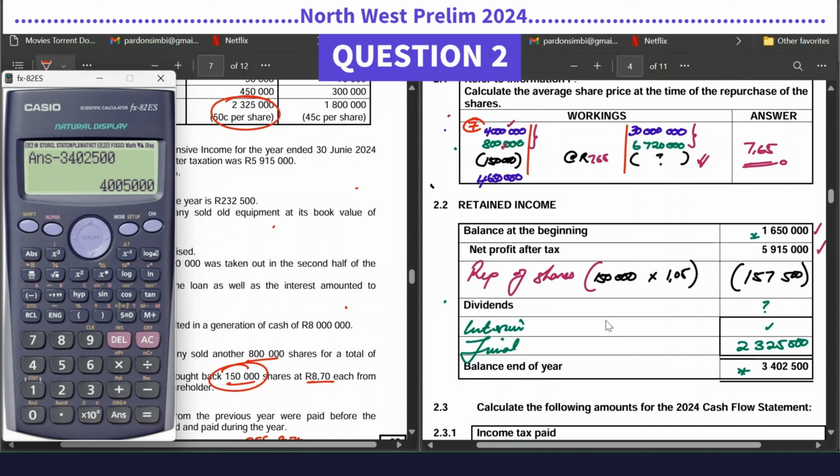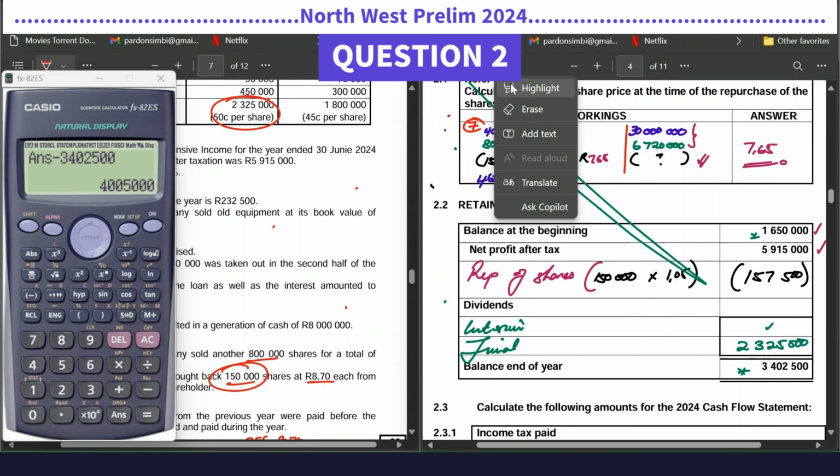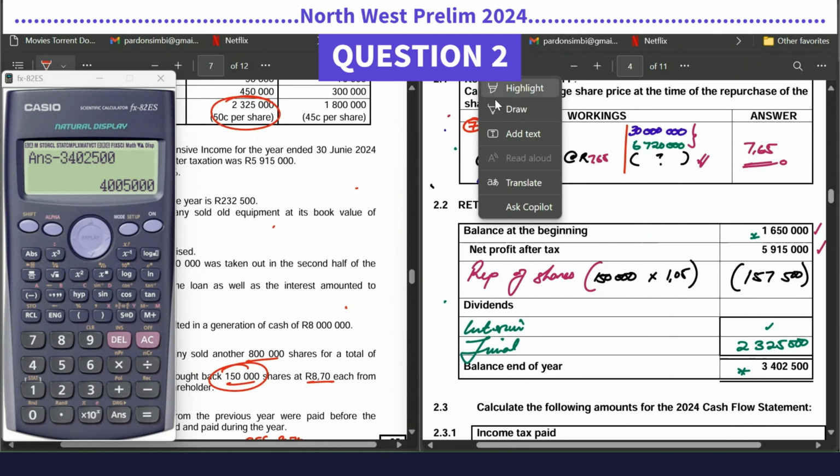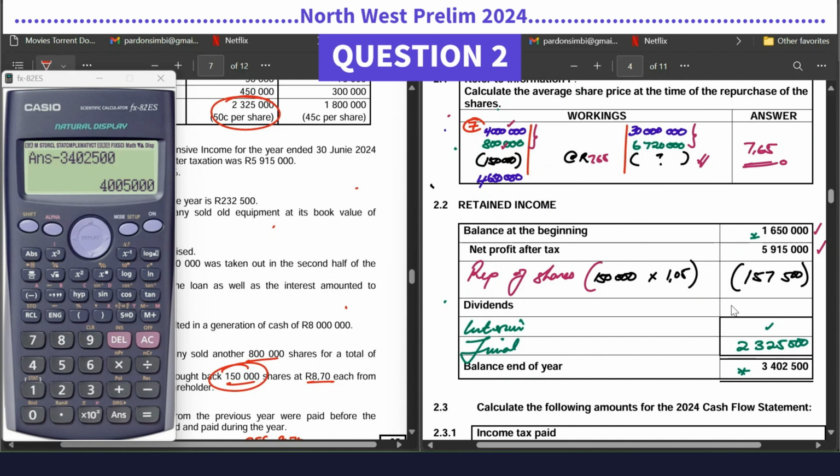Let me just erase that. Okay, let's quickly do that. Let's get a pen proper now. Okay, cool. So I'm going to end up with 4,005,000 like that. So once I get my 4,005,000, I can now get my interim dividends.